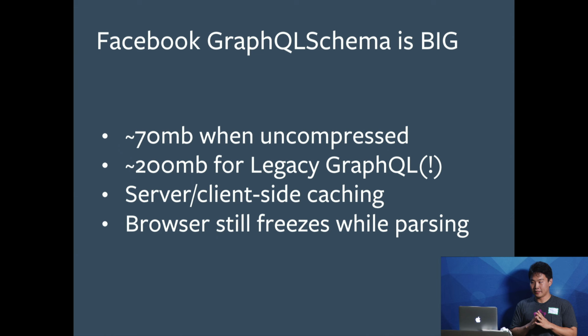They all need the schema to run. So the next natural response is, hey, let's cache this, right? We do server-side caching. We do client-side caching using IndexedDB. But one problem we couldn't solve by doing this, memoizing, is when you're trying to parse 70 megabytes or 200 megabytes on the browser, it freezes.